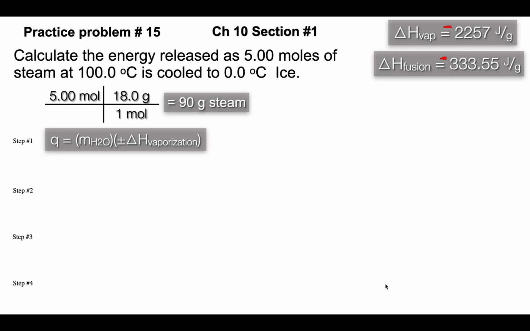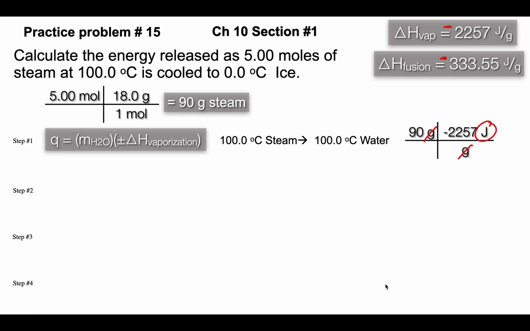So Q is equal to m delta H. Our mass is 90 grams, and we're going to use a negative 2257. Grams cancels out. You're left with joules. We're going to add that up later, whatever that equals. We're going to add them all up together.